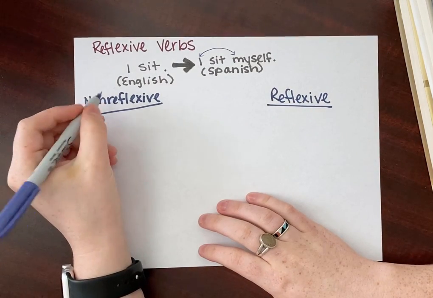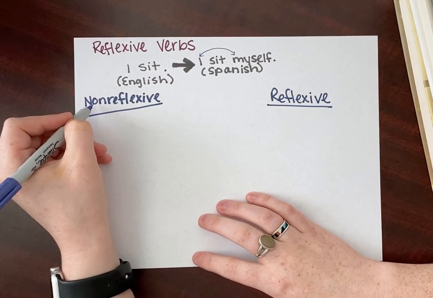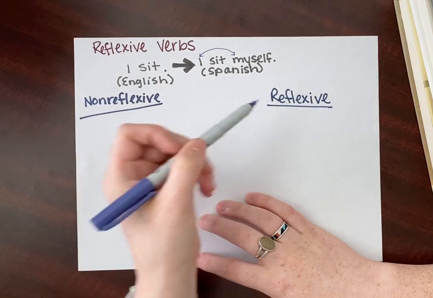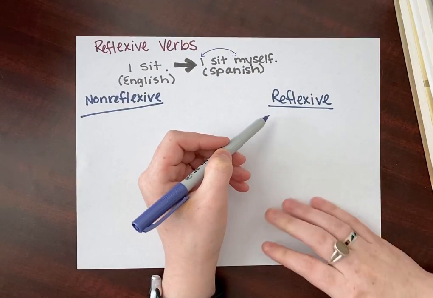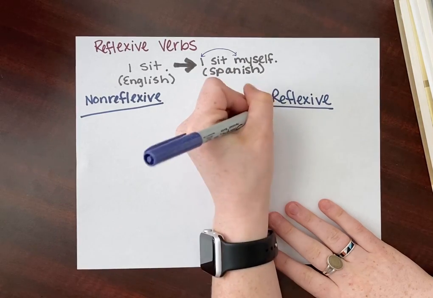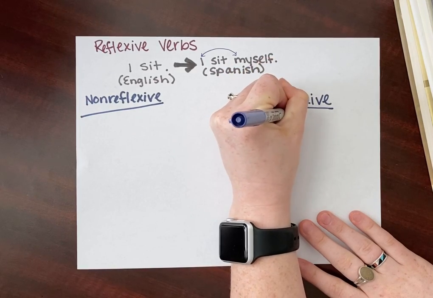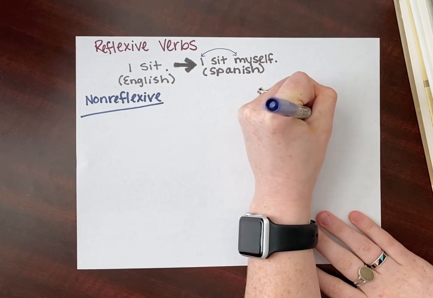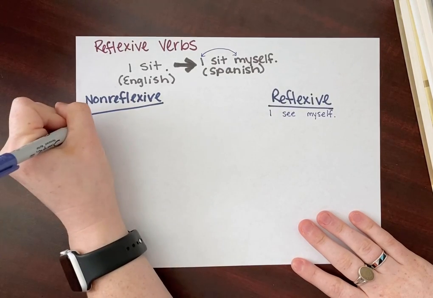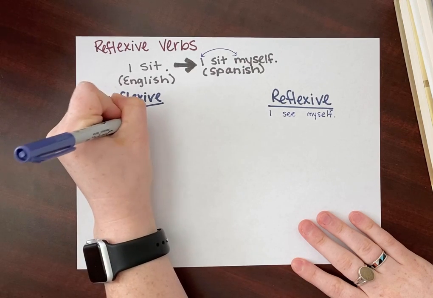So now we're going to come down and look. So we have non-reflexive, and then we have reflexive. So reflexive would be where the subject and the receiver are the same. So if we look at a sentence, "I see myself," and then "I see him."